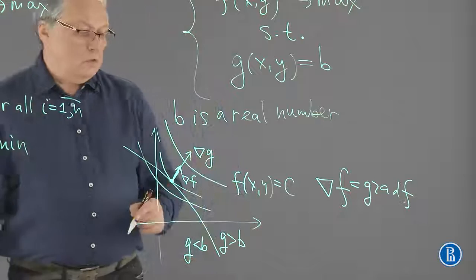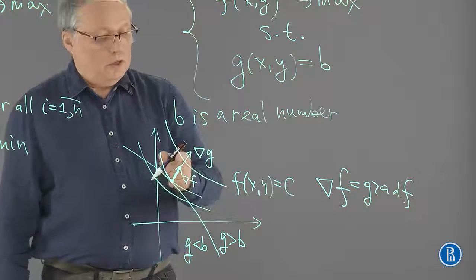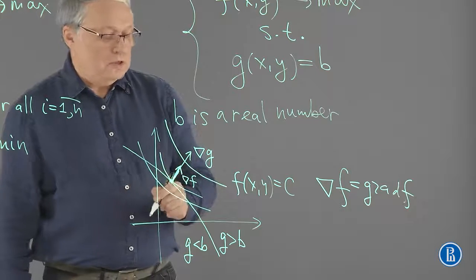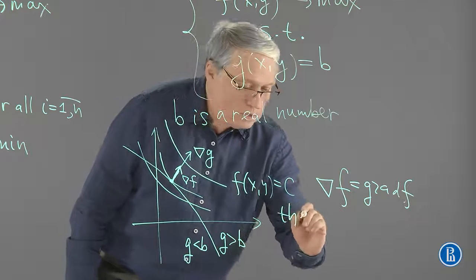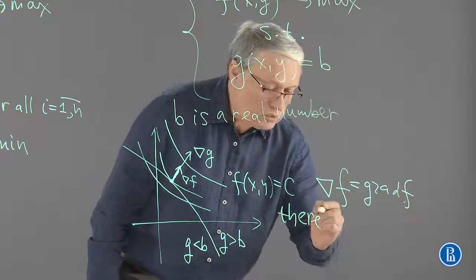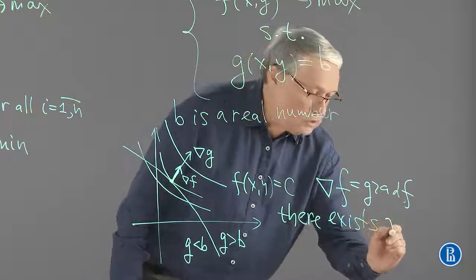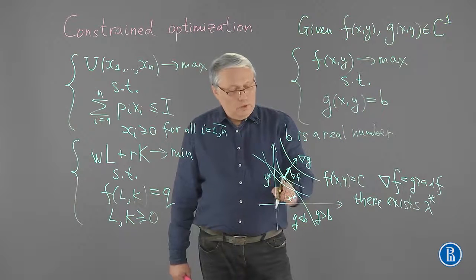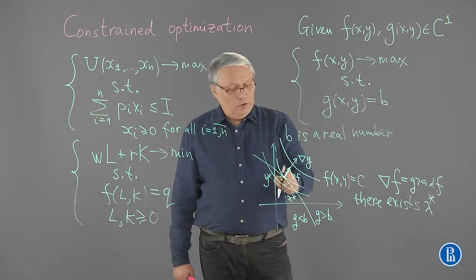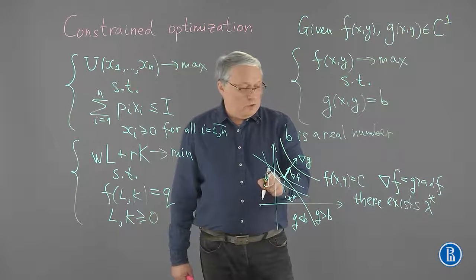So we can tell that, unless the gradient is 0, but since I have drawn this vector, it's not, there exists, as we see from this diagram, a lambda star. First of all, let me introduce the coordinates of this point, where the two level curves touch each other, by x star, y star.